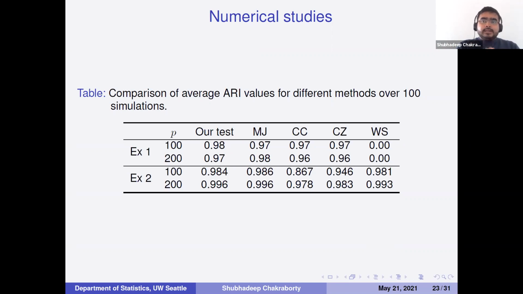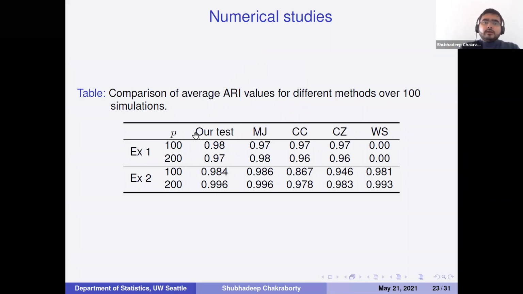The first case is that there is no true change point and the method detects one or more change points. In that case, ARI would be 0. Also, if there are actually one or more change points, but the method fails to detect any, ARI is also going to be 0. And the ARI is going to be 1 if the estimation of the change points is perfect. So the higher the value of ARI, the better the estimation procedure.